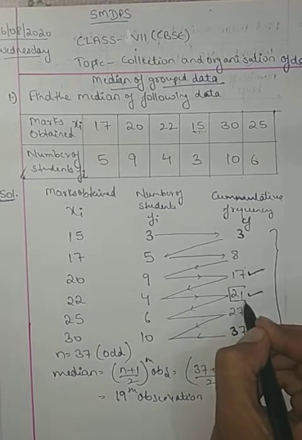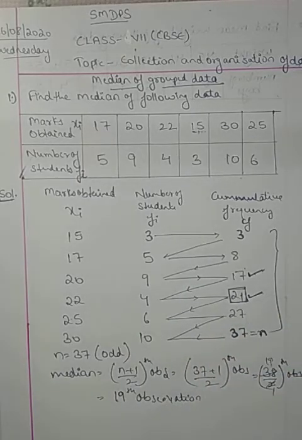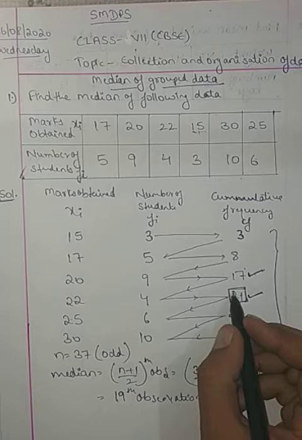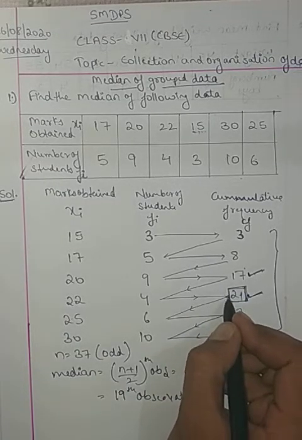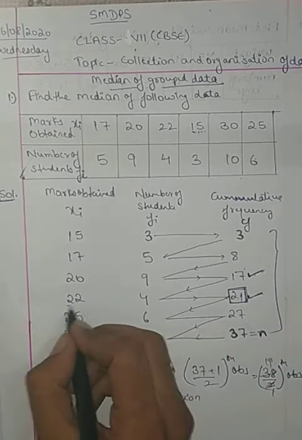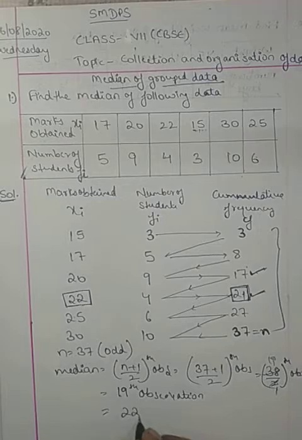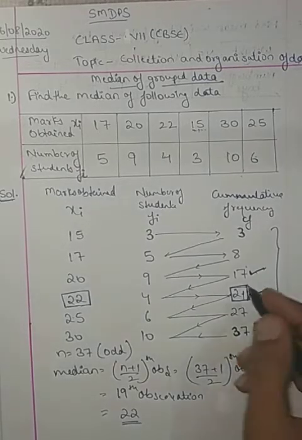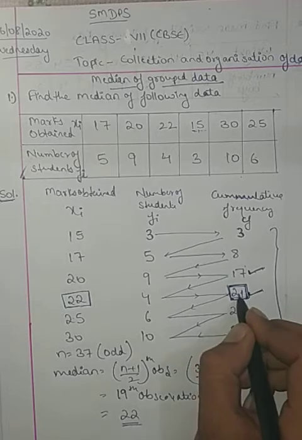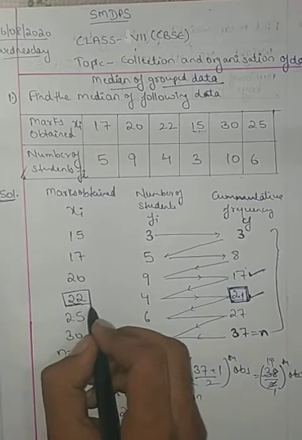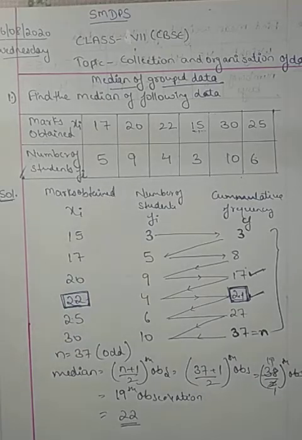We have to take the next one, so we take the second cumulative frequency. It is 21. And the answer will be the xi of this cumulative frequency. Xi means 21 corresponds to 22. So the answer is 22. First we have to look for the cumulative frequency, then the xi of that cumulative frequency, that is 22.